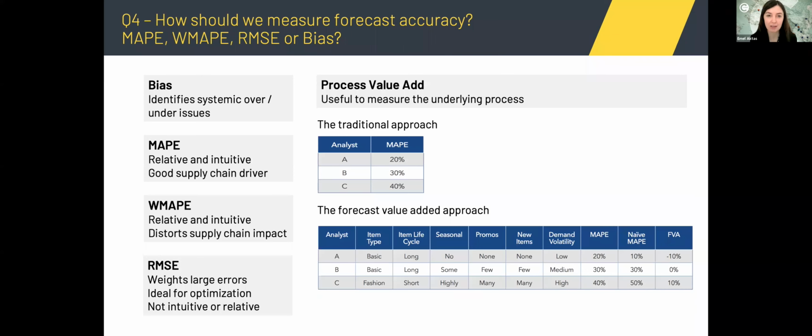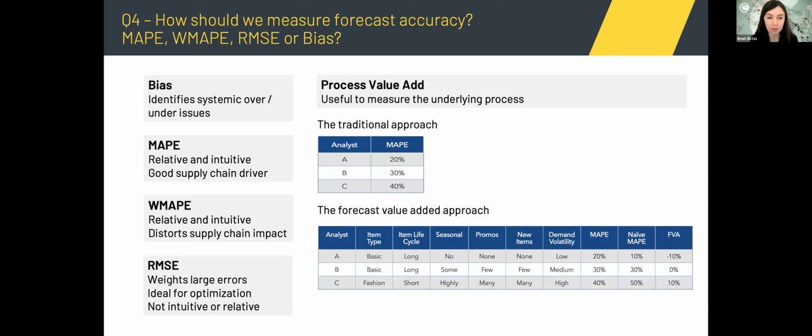Because it is unitless, you can have a comparable metric. We also have here, for example, the root mean squared error. This is normally used to choose a forecast model itself. So on the same series, which model performs better.